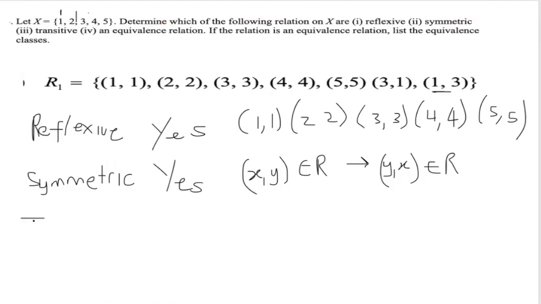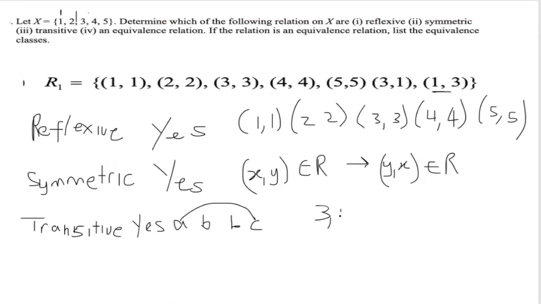Now, transitive means if I go from point A to B, then B to C, am I seeing all of these, (A,B), (B,C), and (A,C), in the set? And the answer is yes, because the pair that I can test is (3,1).